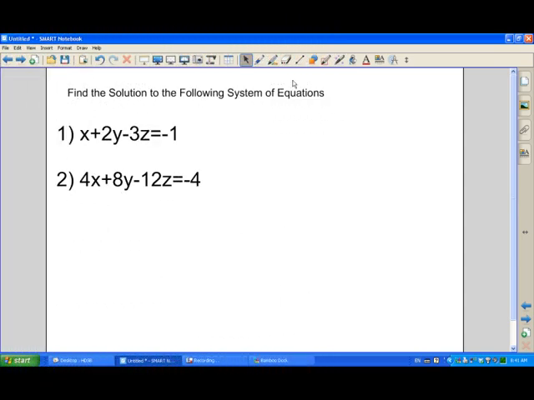Second example, if I want to find the solution to this following system of equations, if I want to find how these two planes intersect or interact, I can look at these two equations and I should see that there's a common factor of 4 in all of the terms in equation 2. Which means I can rewrite equation 2 with a factor of 4 divided out of every term.